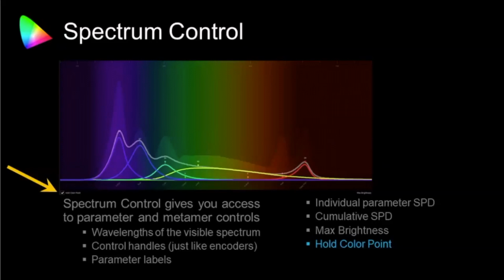Again, this only works on color systems that are 4 and above, and color calibrated fixtures are going to give us more accurate results. But this is a really, really great thing to adjust those parameters. And again, all it's doing is adjusting those parameters for you so you don't have to think about it. Once you store this into a color palette or whatever, we're just storing the individual parameter levels.